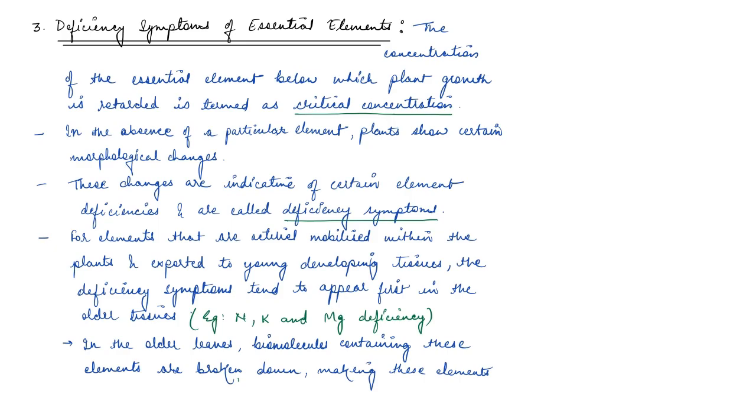So basically, guys, if these elements are not present in the environment, in the soil, and the plant is going to take them up from the soil itself, then when the supply of these elements becomes limited, this causes retarded growth in plants.